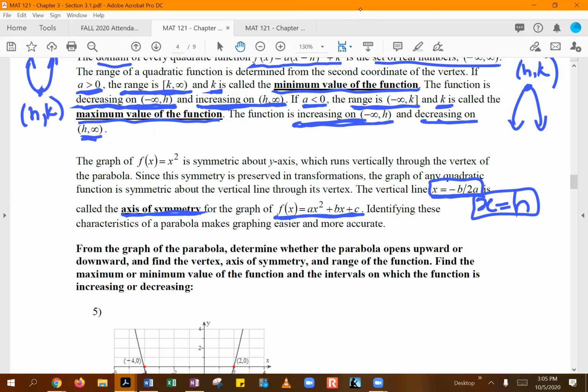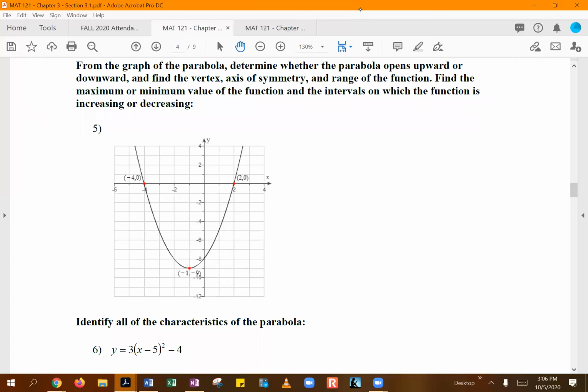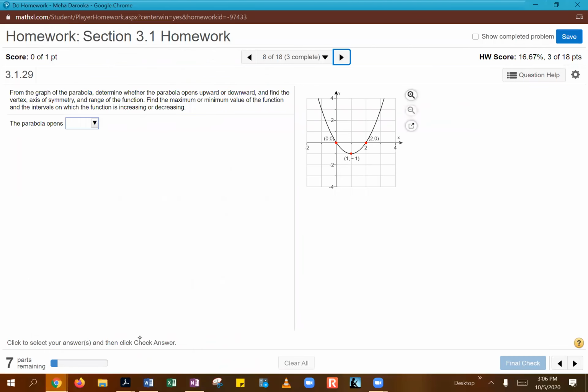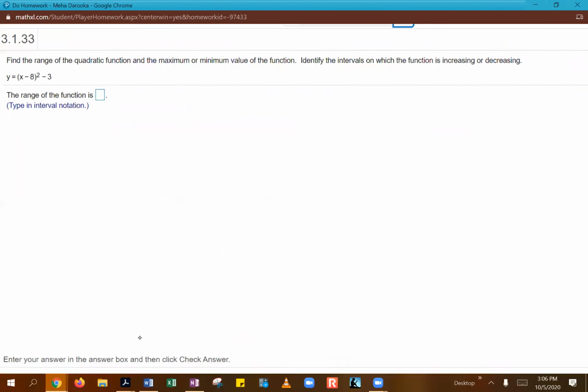So find the vertex and you can find your axis of symmetry, your range, the maximum or minimum value, and on which interval your function is increasing and decreasing. You have this example over here, which is very similar to what you have in your homework. I'll let you work on this example on your own, but let's take a look at this one here.